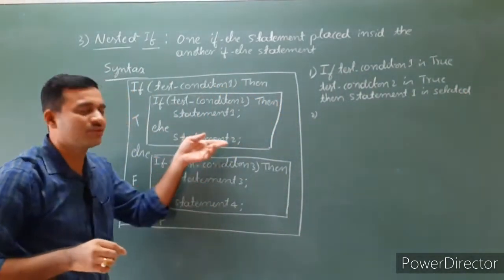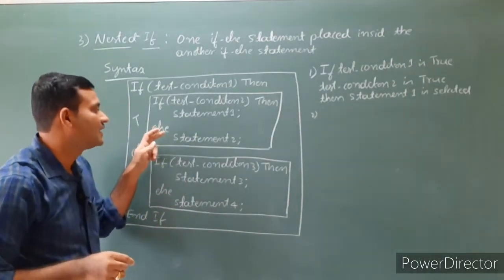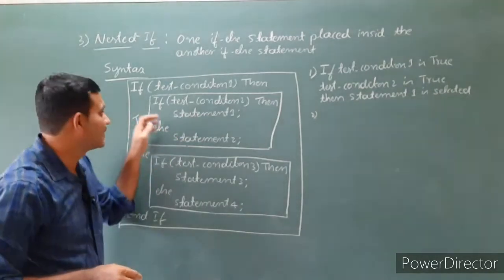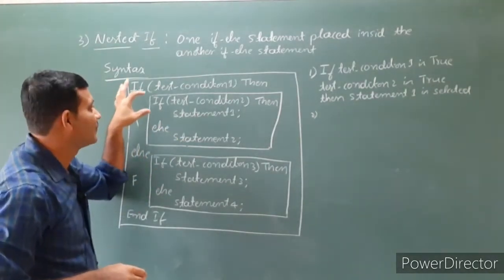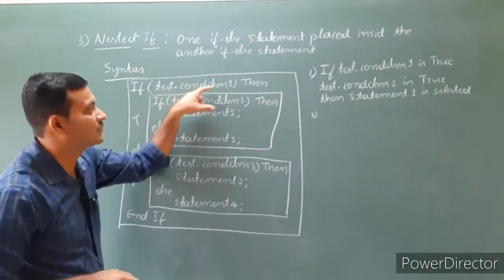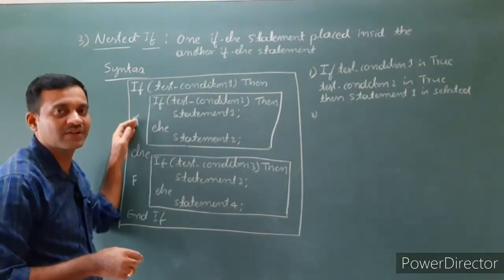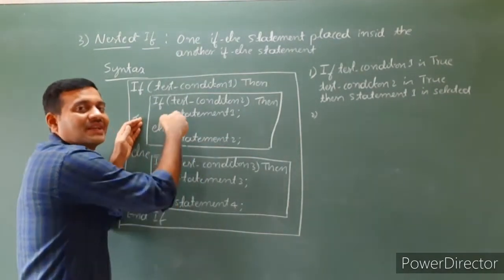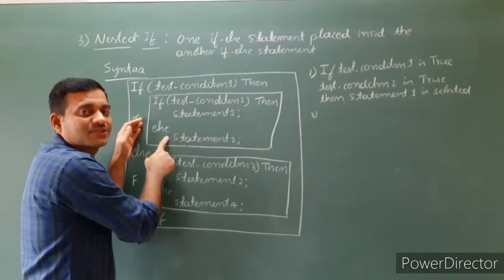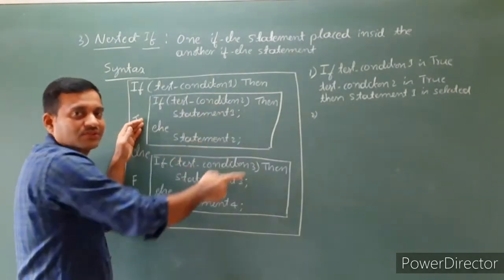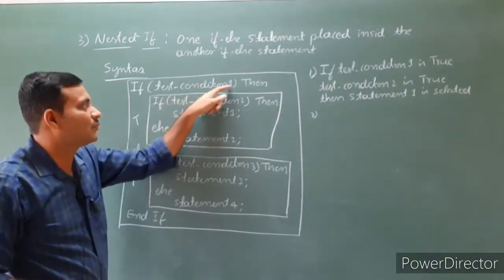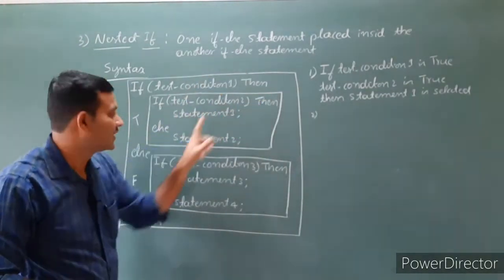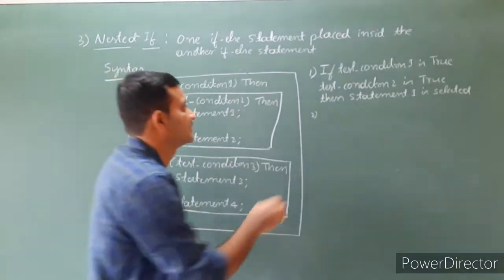See the second one. The second one is when statement 2 is selected. See the position of statement 2. Statement 2 is in the else part. First we have to enter the true part. When it has entered the true part, if test condition 1 is true, we enter the true part. But statement 2 is in the else part of test condition 2. When we execute this else part, if test condition 2 is false, then statement 2 is selected.